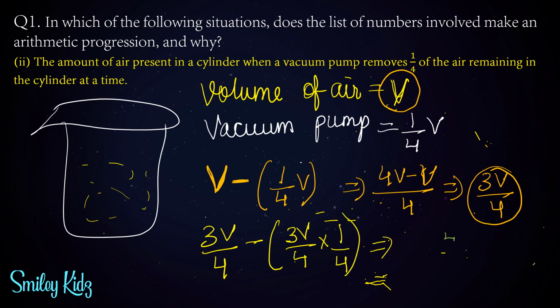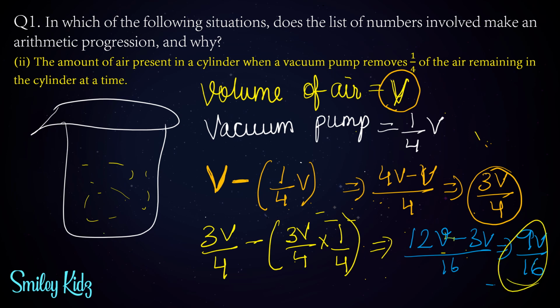Then on simplifying this, we get 12V minus 3V by 16 on taking LCM, which in turn gives us 9V upon 16. Now our set of numbers is V, 3V upon 4, 9V upon 16.